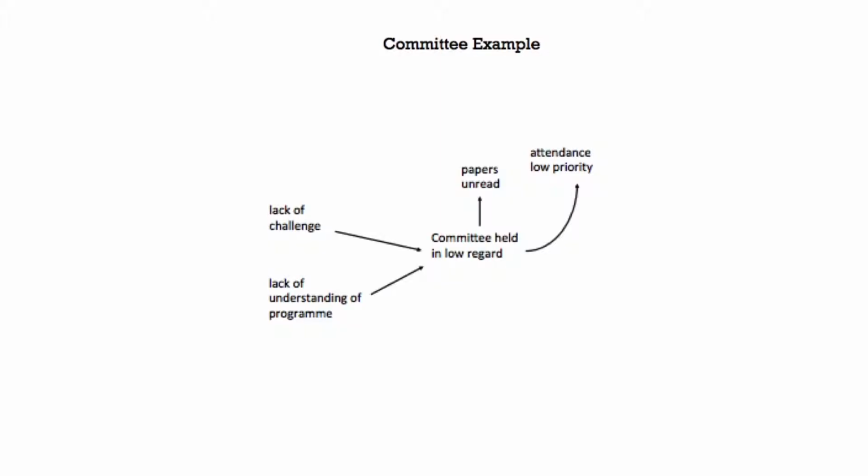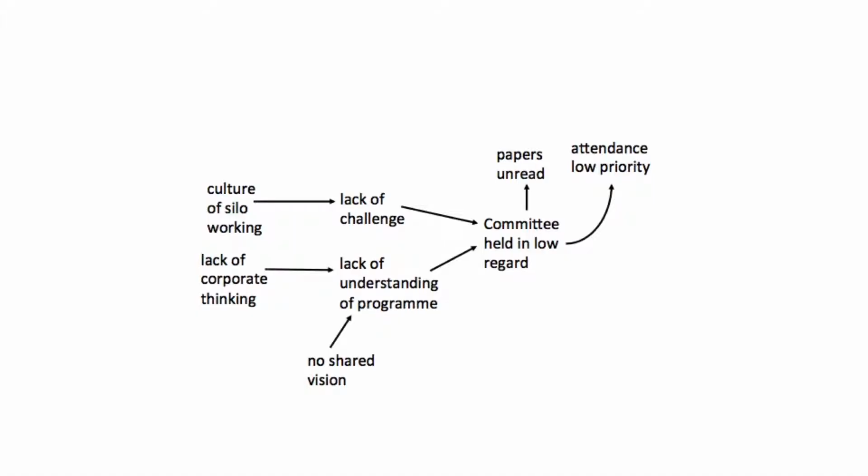So in this diagram you can see that there are arrows coming into the starting issue, the committee held in no regard, and there are arrows coming out of it. And those arrows mean causes or needs to. So why was there a lack of challenge? Well, there was a culture of silo working. The culture of silo working led to a lack of challenge.